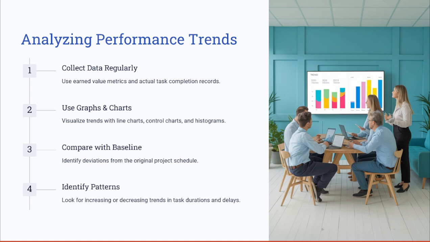After that, you compare these results with the baseline by identifying the deviations from the original project schedule. Finally, you identify the patterns by looking for increasing or decreasing trends in task duration or delays, and SPI trends.